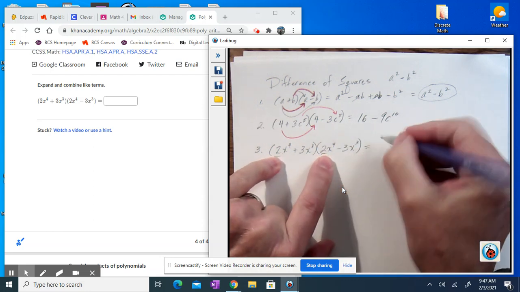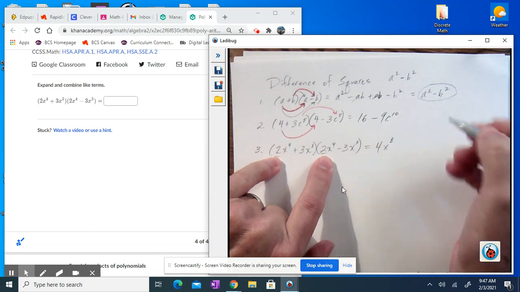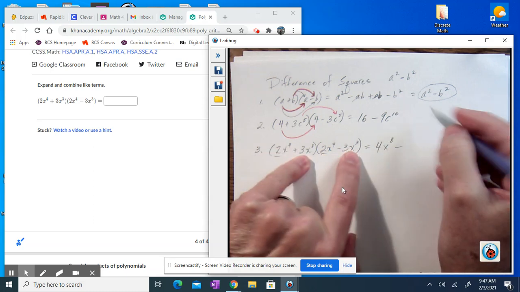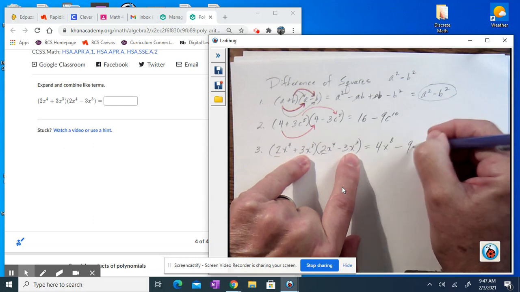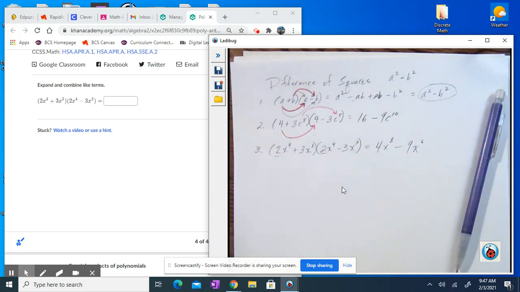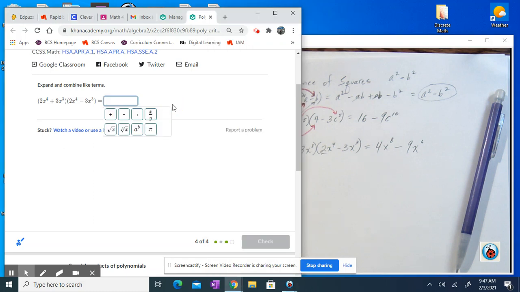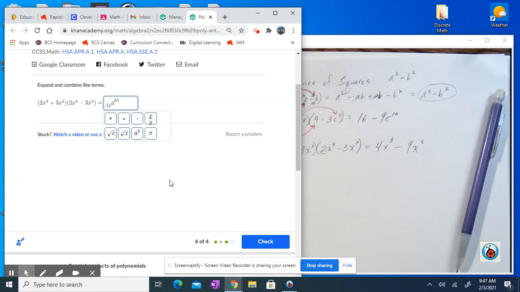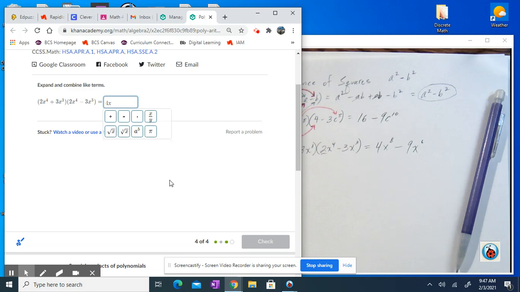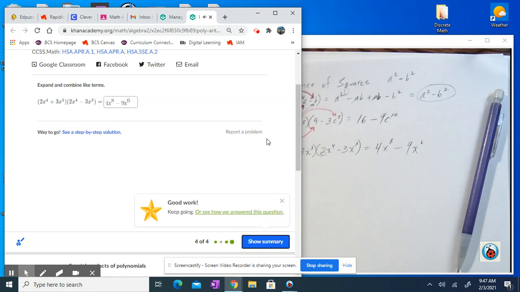So I multiply these two, I get 4x to the 8 minus 9x to the 6th. Looks good. And we're done.